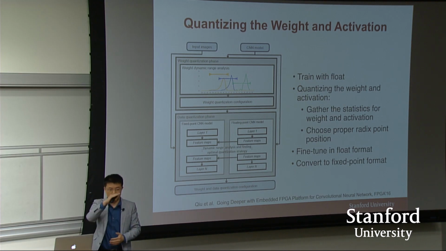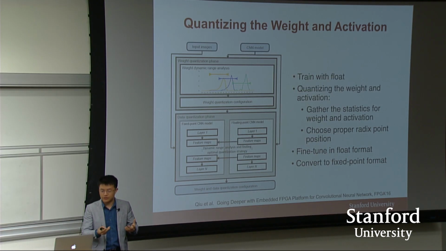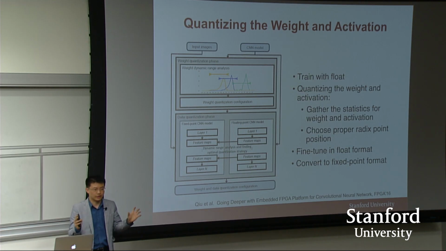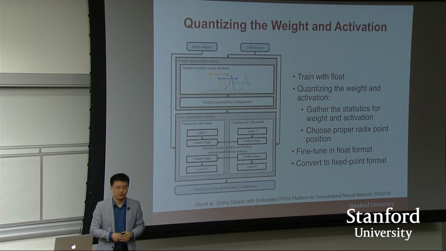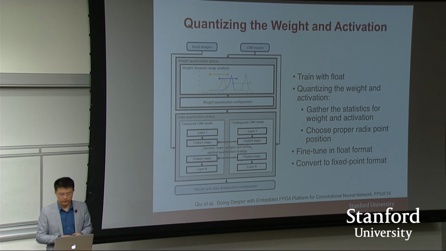You run the neural network and train it with normal floating point numbers, and quantize the weights and activations by gathering statistics for each layer. For example, what is the maximum number, and how many bits are enough to represent this dynamic range. Then you use that number of bits for the integer part, and the rest of the 8 bits or 7 bits for the other part of the 8-bit representation.